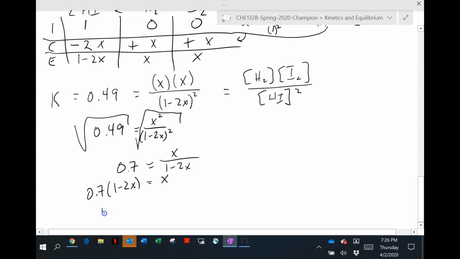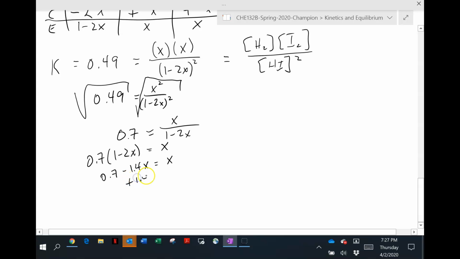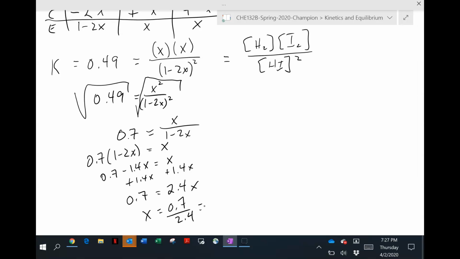And 0.7 times 1 is 0.7. 0.7 times negative 2 is negative 1.4x is equal to x. Now we can add 1.4x to both sides. And we wind up with 0.7 is equal to 2.4x, or x is equal to 0.7 divided by 2.4, and that comes out to be 0.29.